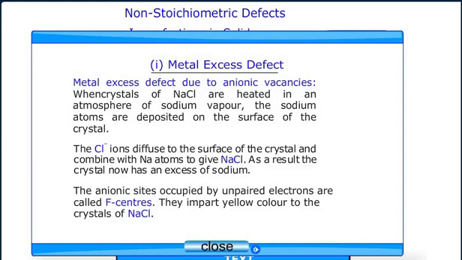The Cl- ions diffuse to the surface of crystal and combine with Na atoms to give NaCl. As a result, the crystal now has an excess of sodium. The anionic sites occupied by unpaired electrons are called F-centers. They impart yellow color to the crystals of NaCl.